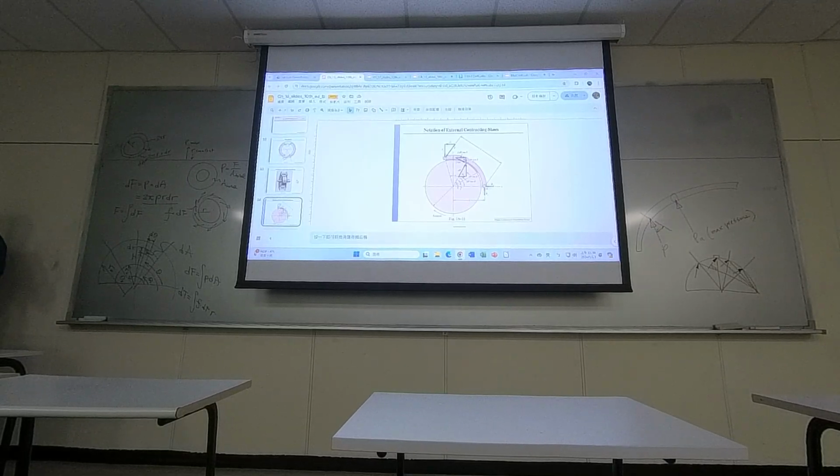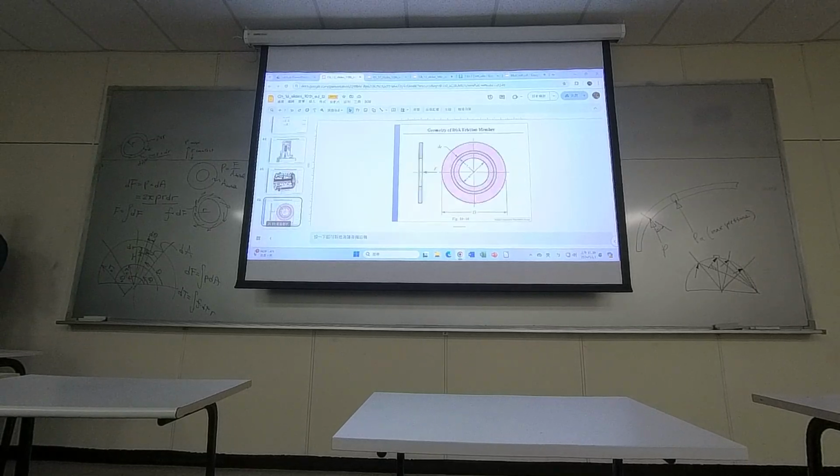So this is the first kind of brakes, where you have contact with your rotating object from the side surface, if you call it, or from the perimeter. And the other kind, basically, is the brakes where you have contact from the cross section. Okay, so two different kinds.